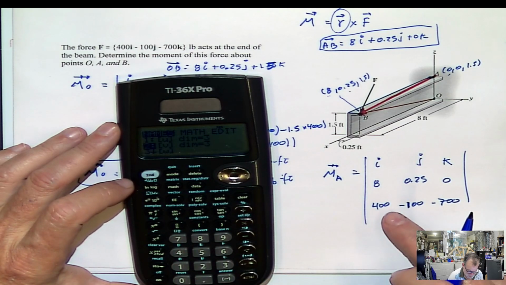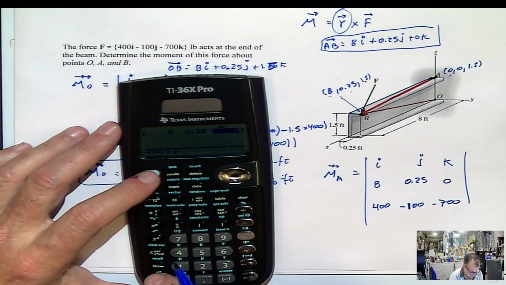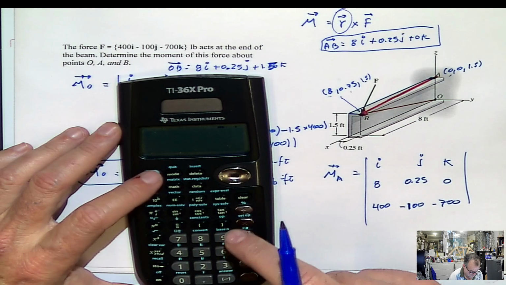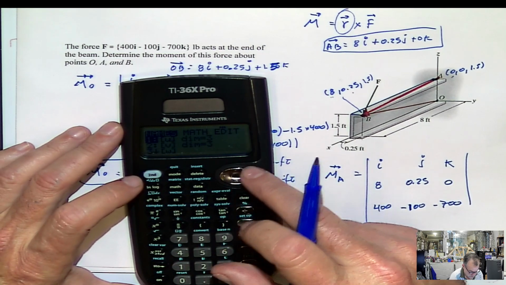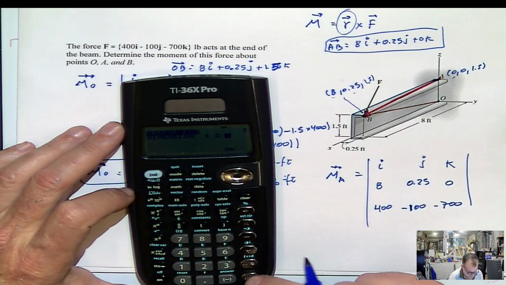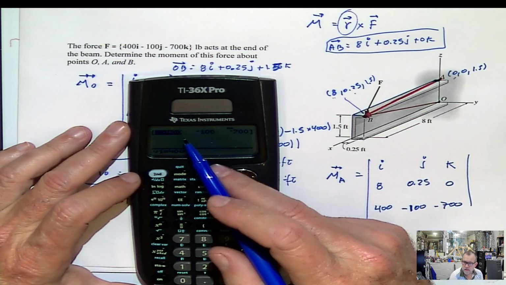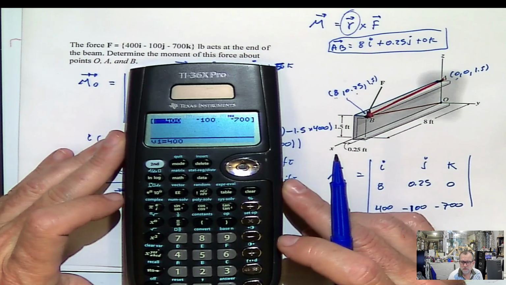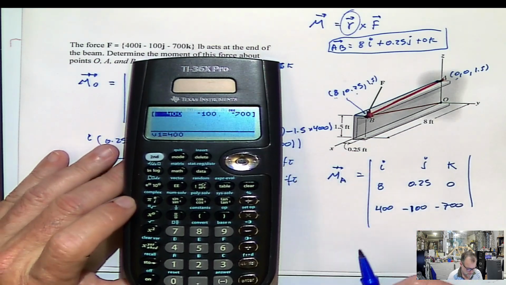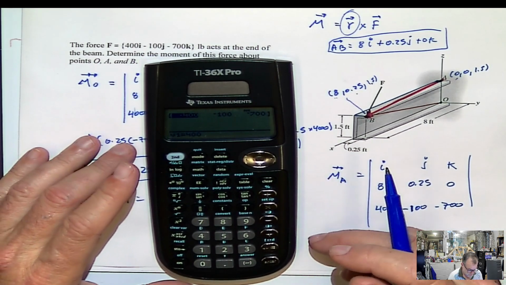Now the vector v should be the same one, edit, v, third dimension, 400, negative 100, negative 700, that's what it says there, and now you just do the cross product again.